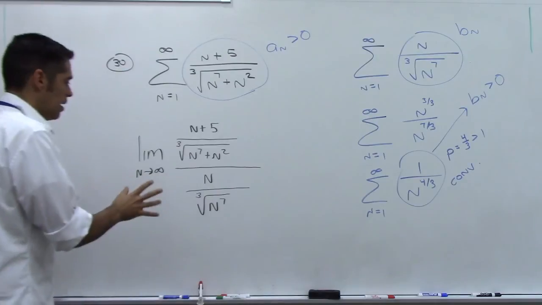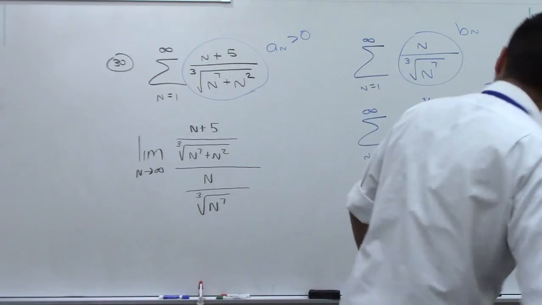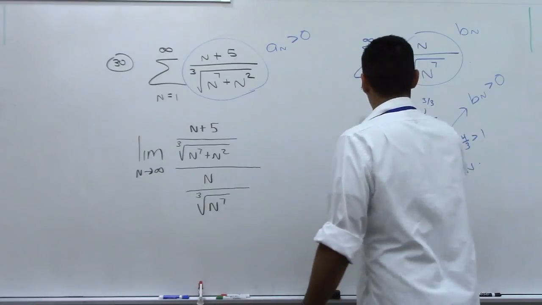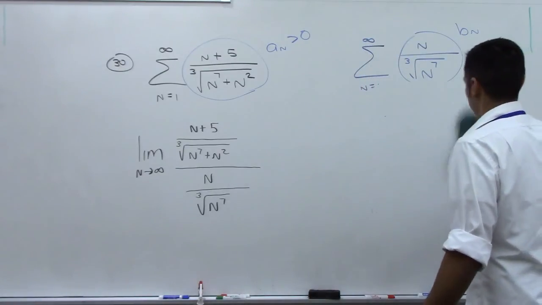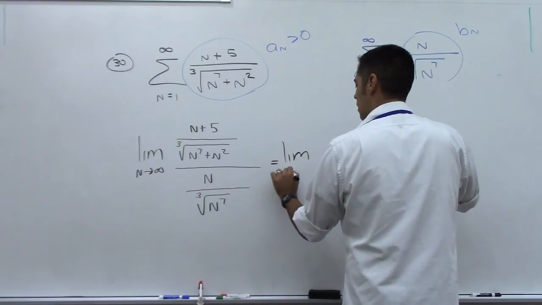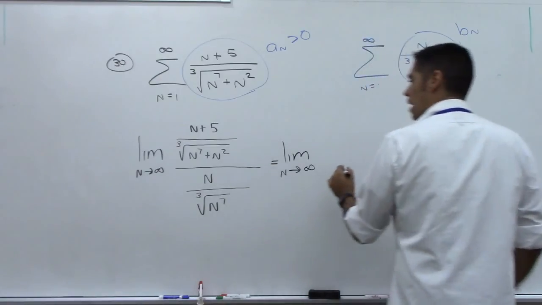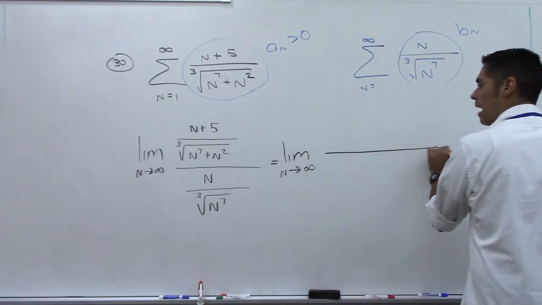And then before I do my limit, I'm going to flip this one up. So we get the limit as n goes to infinity. See, when I flip this up, I get one fraction.